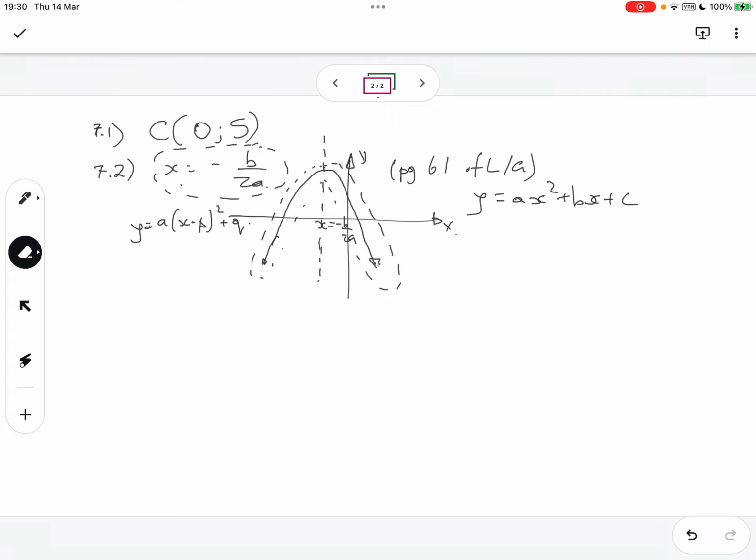Functions on page 10. Now that's hyperbola.